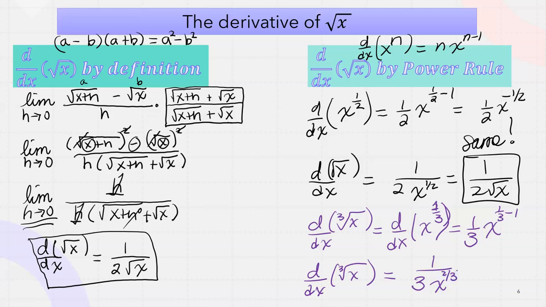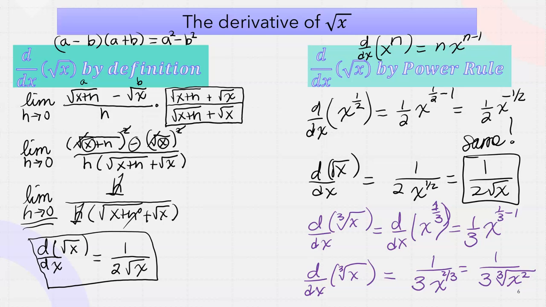So that's 1 over x to the positive 2/3. You can write it that way, or you can write this back to radical. The bottom number is the root, so keep root of x squared.